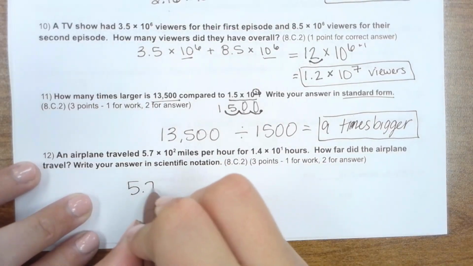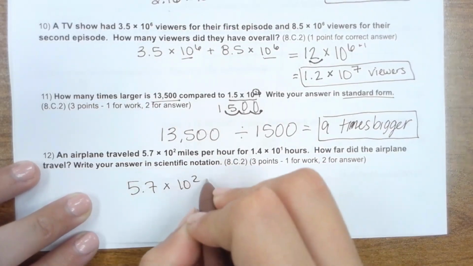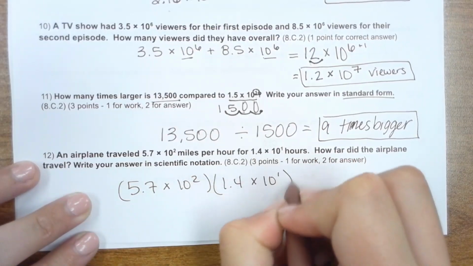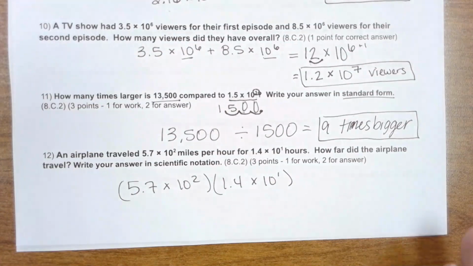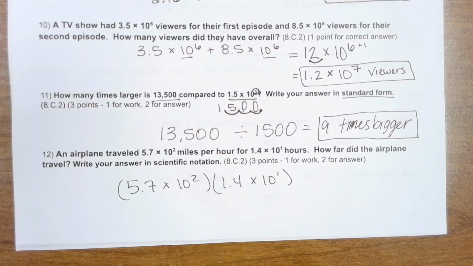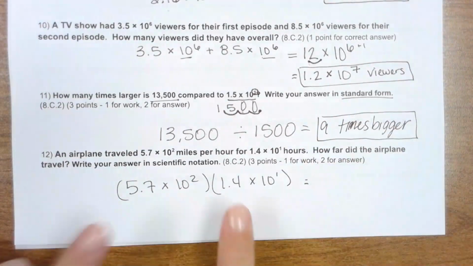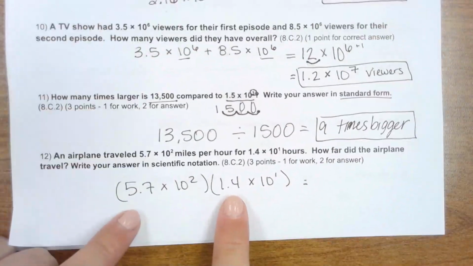So we're going to take 5.7 times 10 to the second. All that times our 1.4 times 10 to the first. Now, whenever you are multiplying or dividing with scientific notation, you do not have to have same base to the same power because we have exponent rules that tell us what to do with them, okay? So, when you're multiplying, you're just going to multiply your constants like normal.